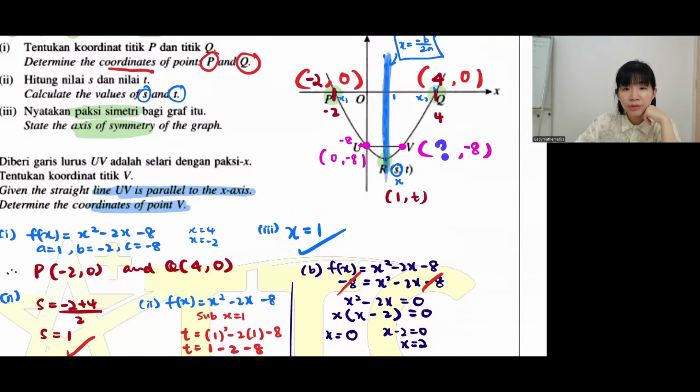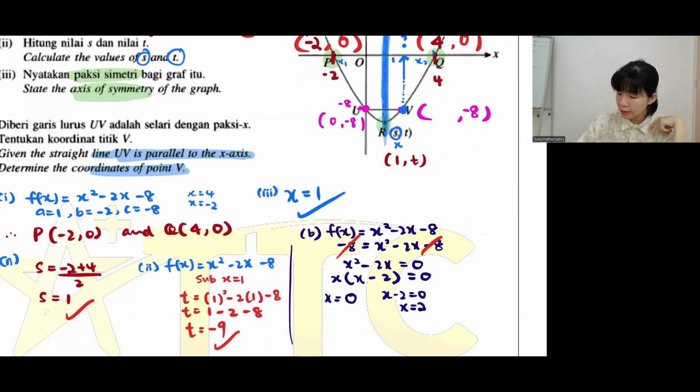So what do you think? I want to find the x coordinate for V. You see, at B here, the x coordinate goes up. Do you think it will be 0? It can't be 0. 0 is here. So the 0 we reject. We want 2. So at the end, the coordinate for V is (2, -8).